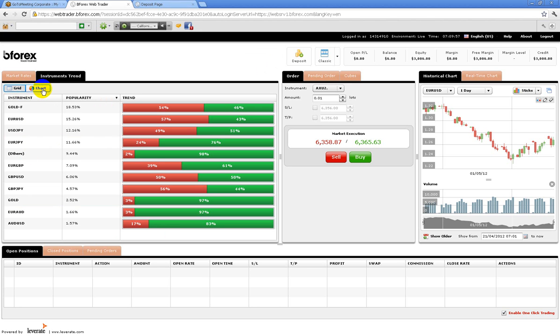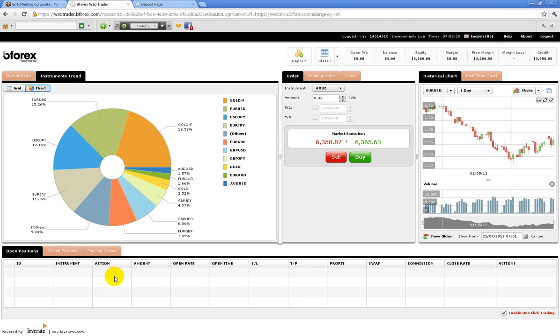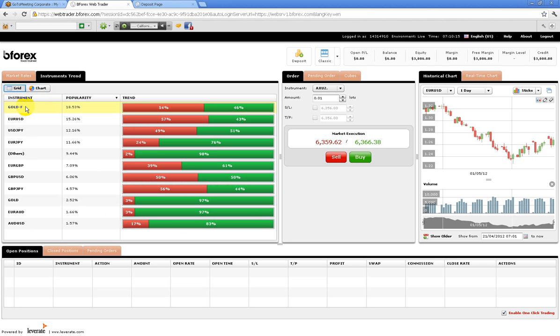Next to it you have the charts. Now this is a chart of the popularity of every instrument. Alright, you can look at it just to make sure. It's not very important, but it helps a lot. Alright, this is our second section of the platform.